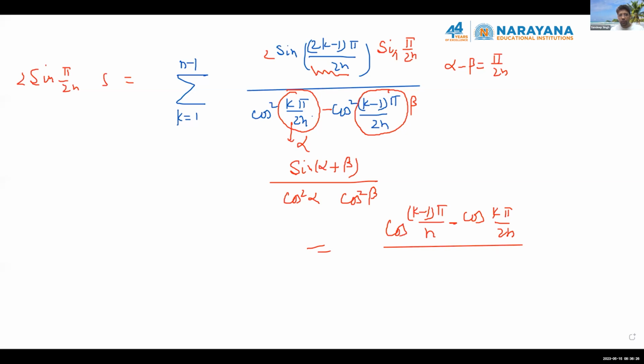Sin A plus B, sin A minus B. So that should have been sine of (2k minus 1) into pi by n into sine of pi by 2n into sine of pi by 2. I think in the denominator they have added over here, cos square into cos square. Did you check the whole expression that you are getting? Cos square A minus cos square B.